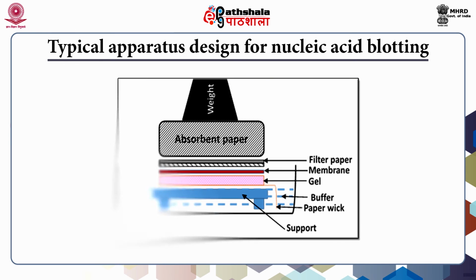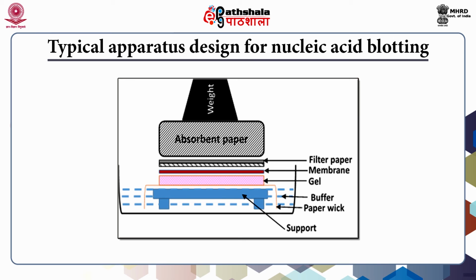The diagram before you gives an overall view of the arrangement for transfer of nucleic acid from agarose gel to membrane. As you may observe, the arrangement involves placing gel and membrane in close vicinity, and these two are in contact with Whatman paper for easy flow of solvent from gel to membrane through capillary action.